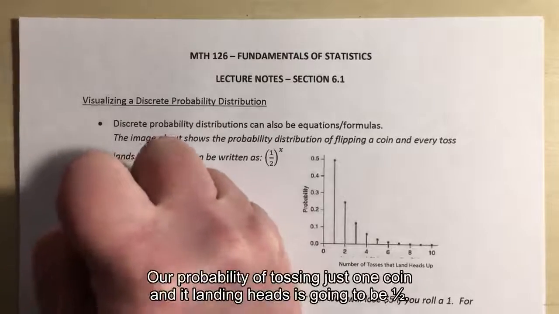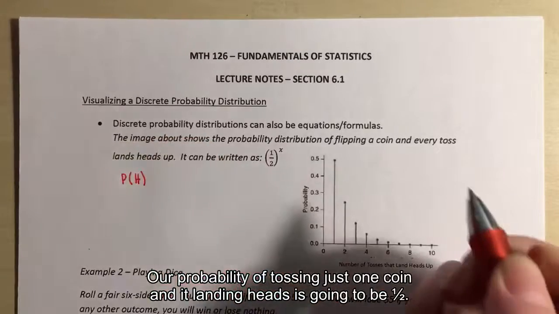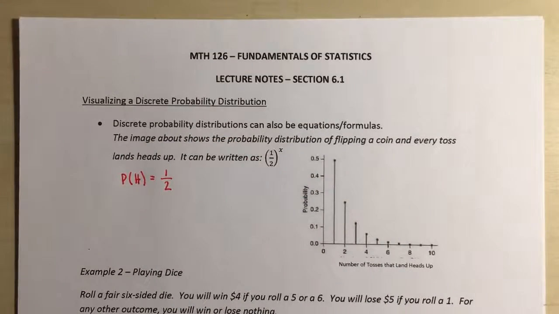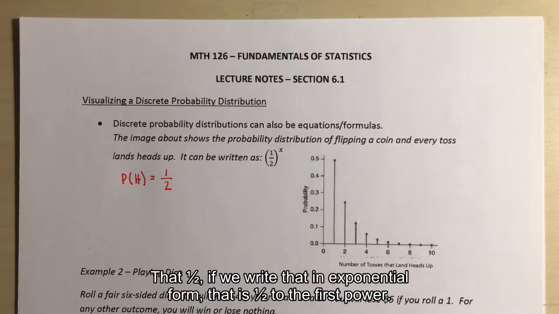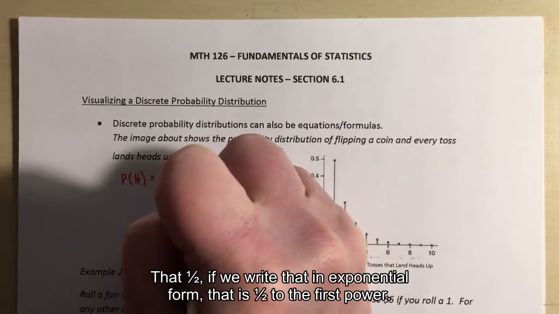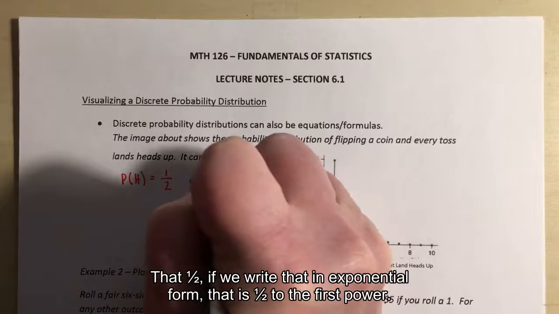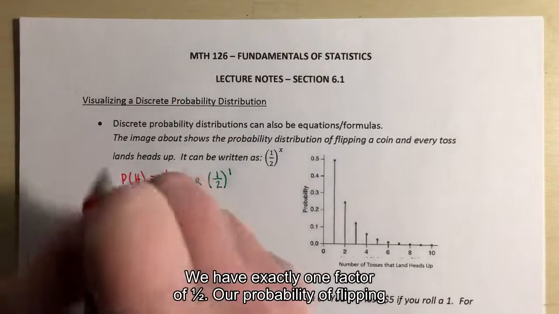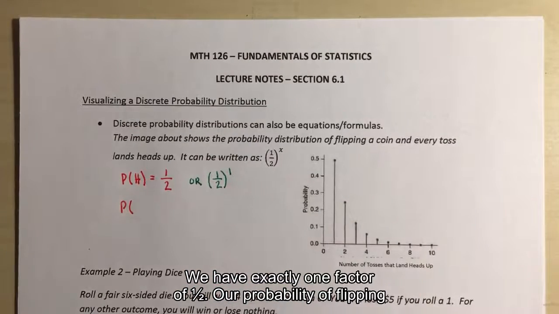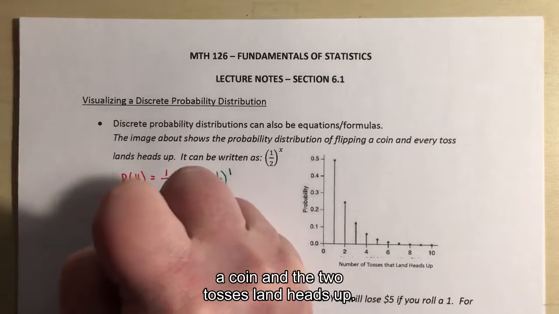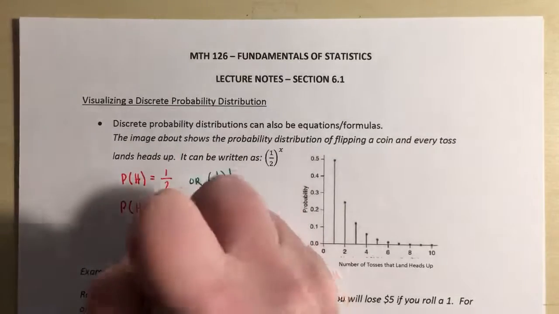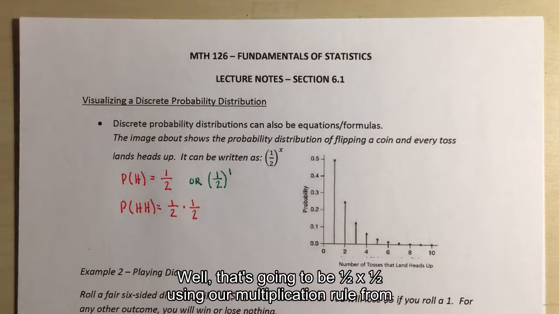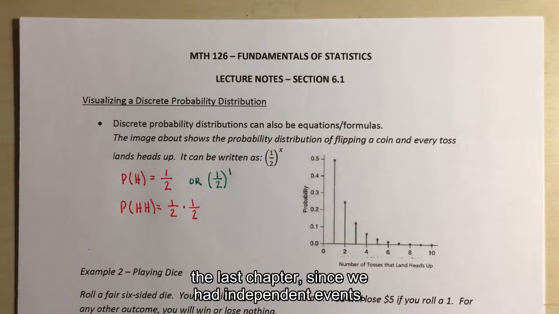All right, so our probability of tossing just one coin and it landing heads is going to be 1 out of 2. If we write that 1 out of 2 in exponential form, that is 1/2 to the first power. We have exactly one factor of 1/2. Our probability of flipping a coin and the 2 tosses landing heads up, well, that's going to be 1 out of 2 times 1 out of 2, using our multiplication rule from the last chapter since we have independent events.